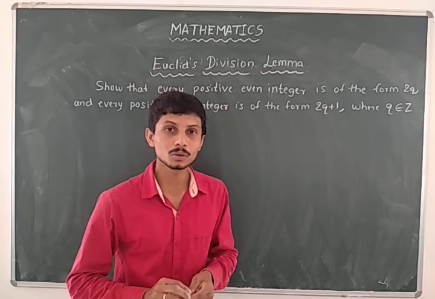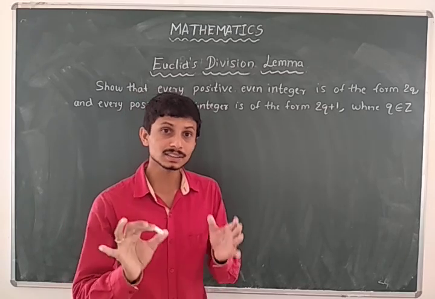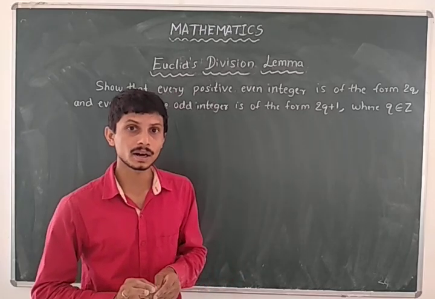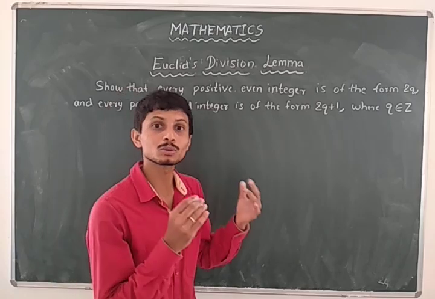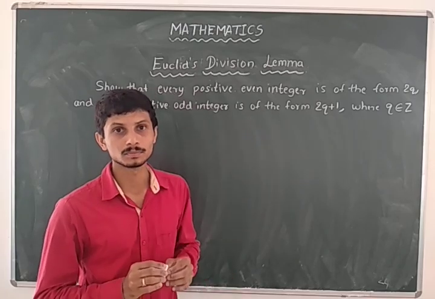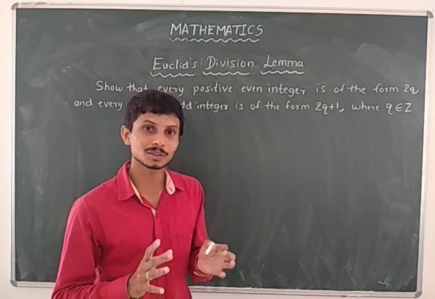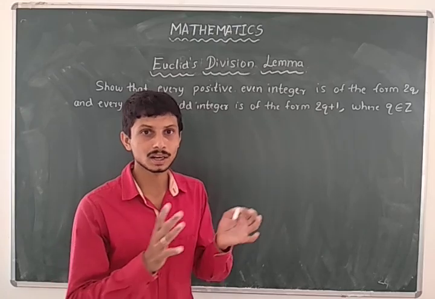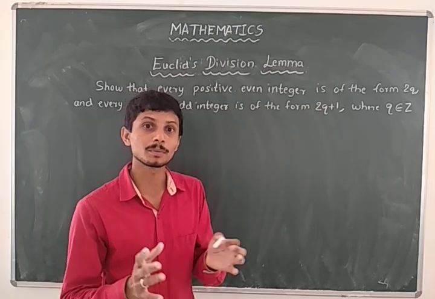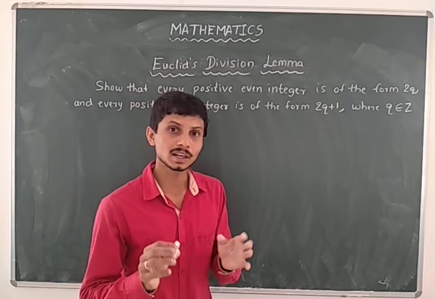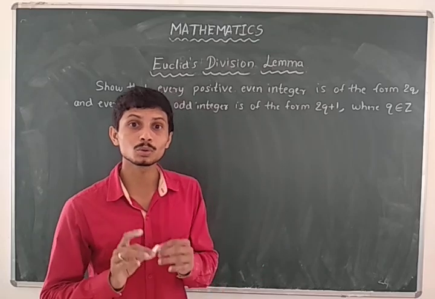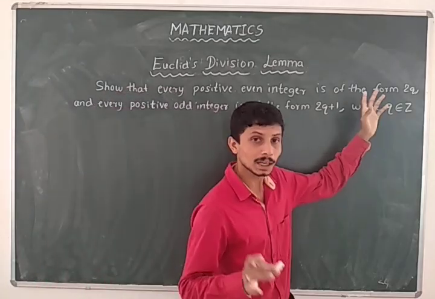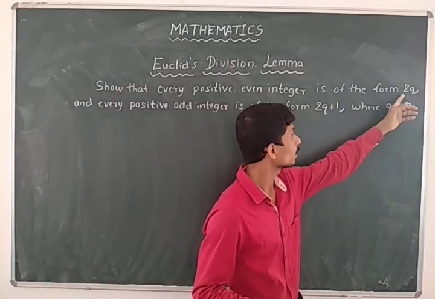So just insert Euclid's division lemma into this problem. Let a be any positive integer and b is equal to 2.